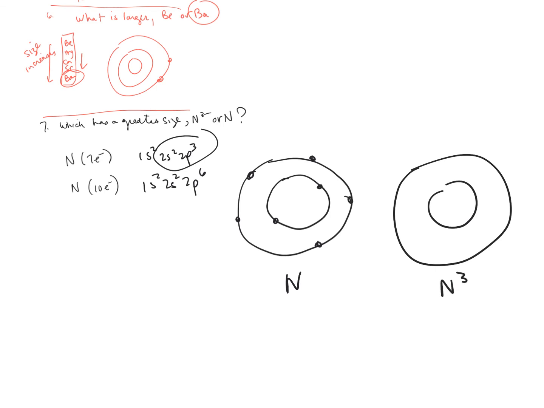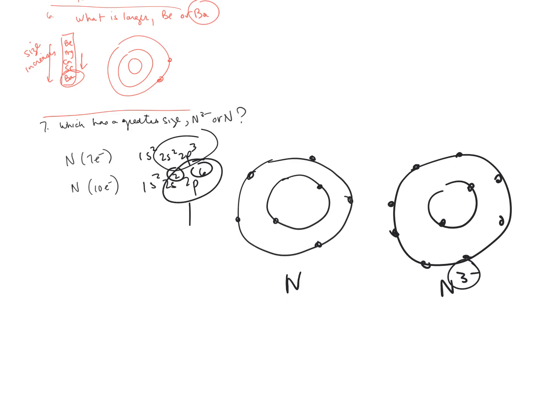So N3 minus, let's see, 1, 2, and then you've got 8 of them in n equals 2. 1, 2, 3, 4, 5, 6, 7, 8. So 3 minus is what nitrogen wants to fill its shell to make 8. And, oh, I know the mistake I was talking about. To get 8, you're combining 6 and 2. Okay, so it does want 3 minus.